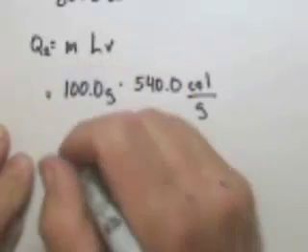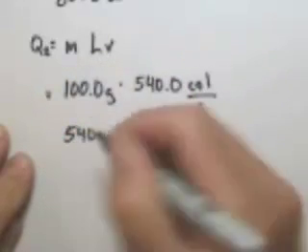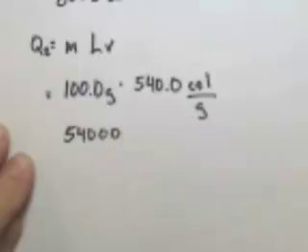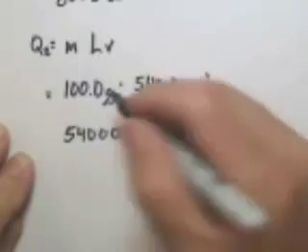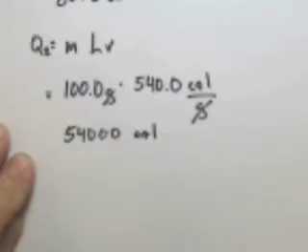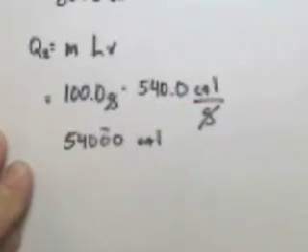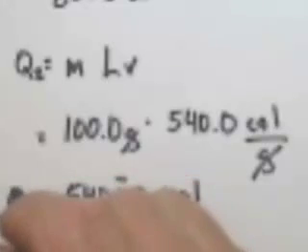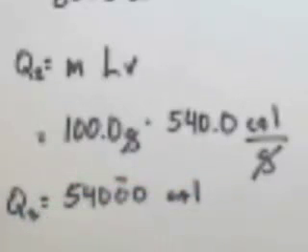And again, math is pretty straightforward, so that would be 54,000. Grams cancel. The remaining unit would be calories, and in this case the number of significant figures would be 4. So Q2 is equal to 54,000 calories. This means that it requires 54,000 calories of energy to change the phase of the water from a liquid to a gas.